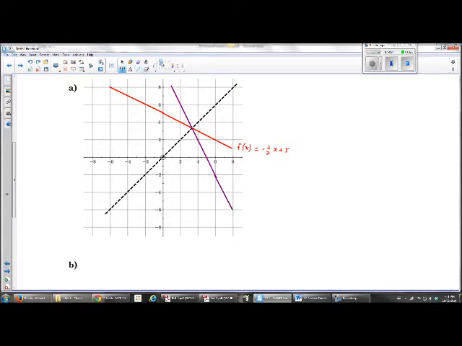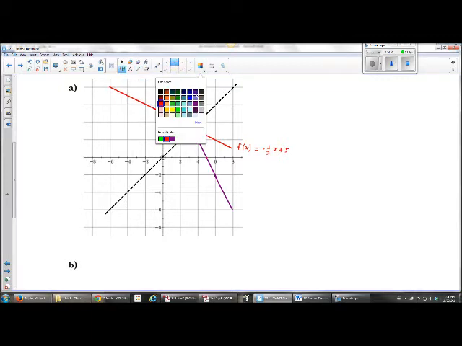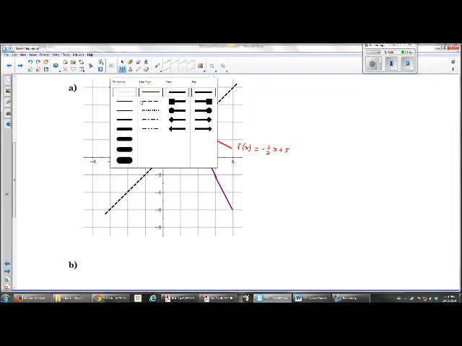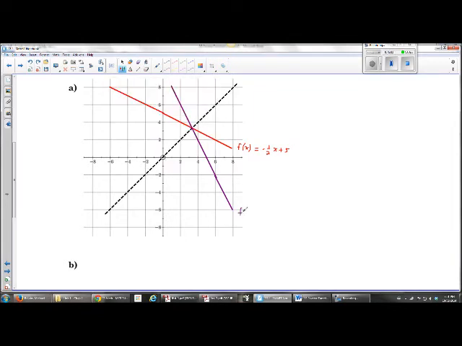So this is the graph of f inverse of x, which is negative 2x. Sorry, 2x plus 10, I believe it is. I'm just kind of guessing there, but we'll take a look at that in a second.